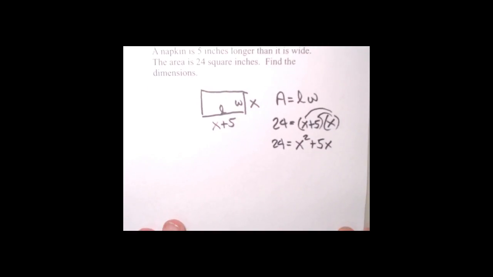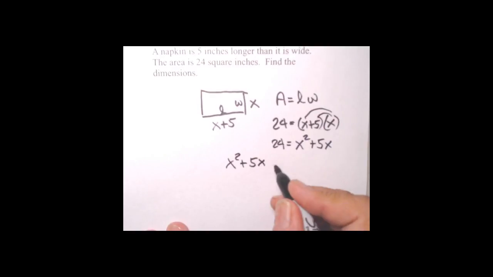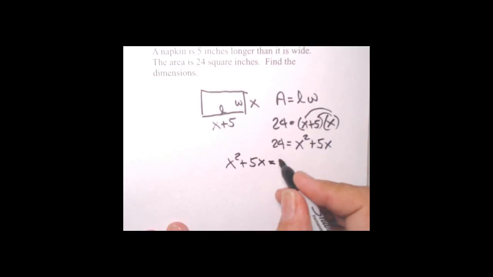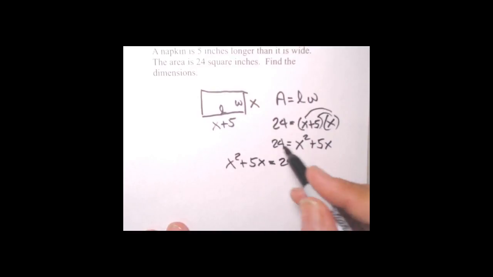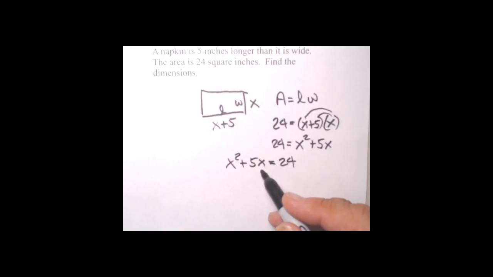The next thing I'm going to do here is interchange the sides. X squared plus 5X equals 24. Now notice, when you interchange the sides, you don't change any of the signs. But now, since this is a quadratic and we have an X term, we've got to use some of our quadratic methods to be able to factor this.